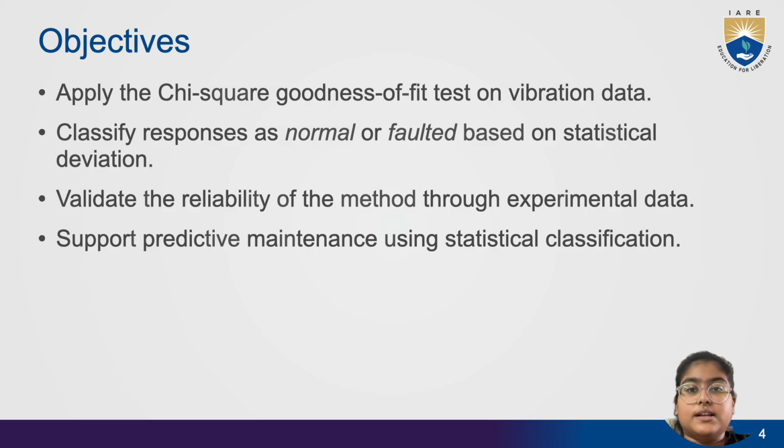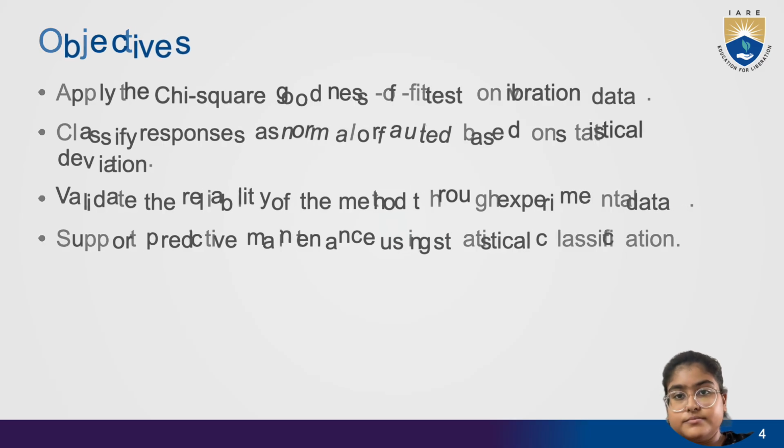Third, to validate this by comparing results from normal, imbalanced, and misaligned conditions. And finally, to explore how this approach can support predictive maintenance, where we can detect issues before they cause breakdowns. So, overall, the goal is to bring statistical confidence to vibration fault detection in rotating machinery.